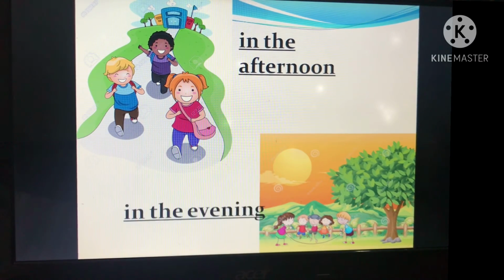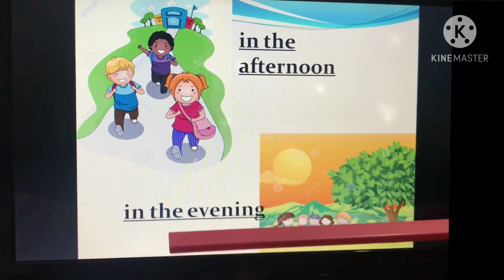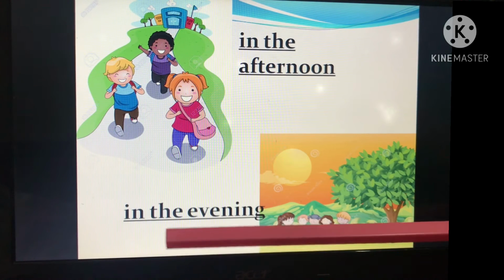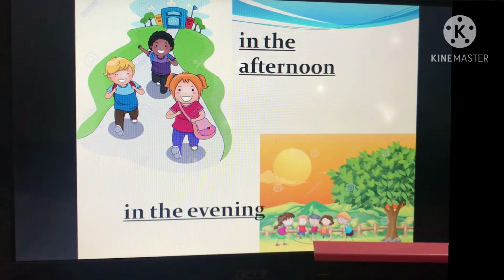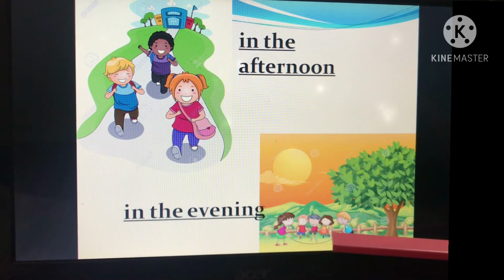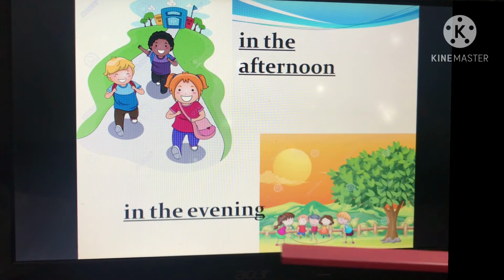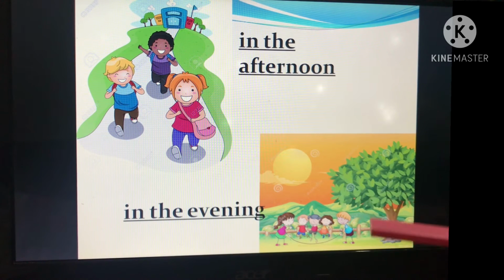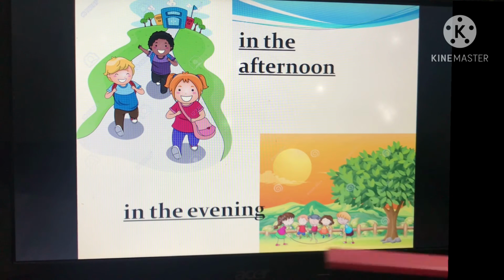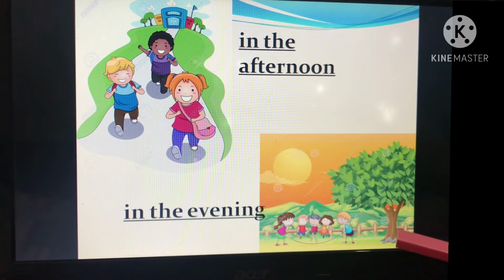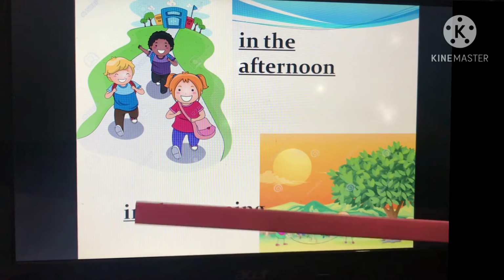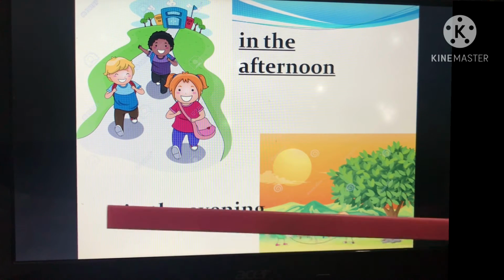Next, we have here, in the evening. So what do they do in the evening? Look at the picture properly. They play in the evening.